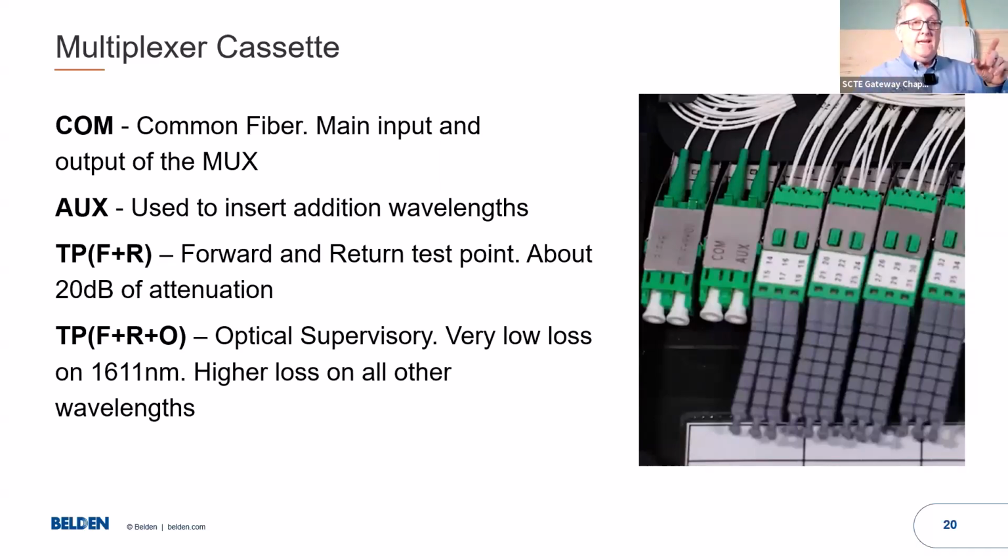That O is at 1610 nanometers. That's out of band, so you're able to inject an OTDR through it. Most muxes, you can't OTDR through the test points. The isolation is too high and it doesn't work. You don't get good traces. We'll talk about that in a little bit.